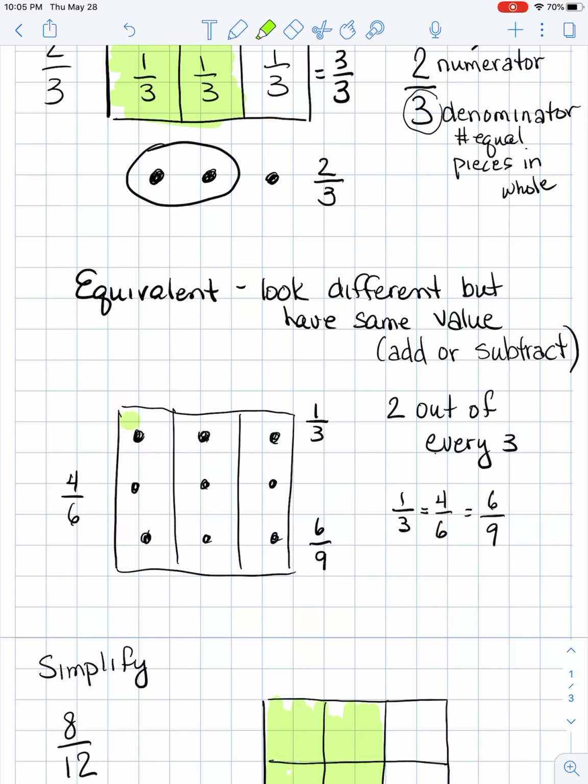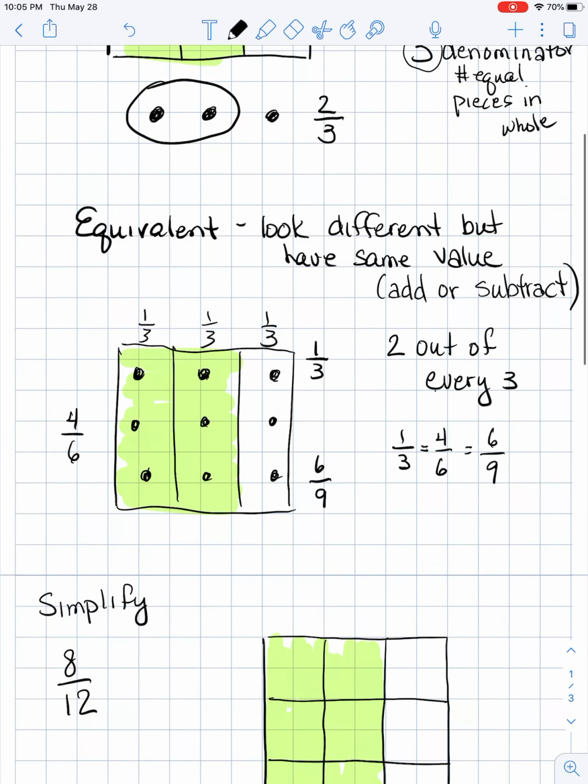And what you would see is that if this was 1/3, or 1 out of 3, it looks just like the model up here, but in this case, we can see it as 6 dots out of 9.